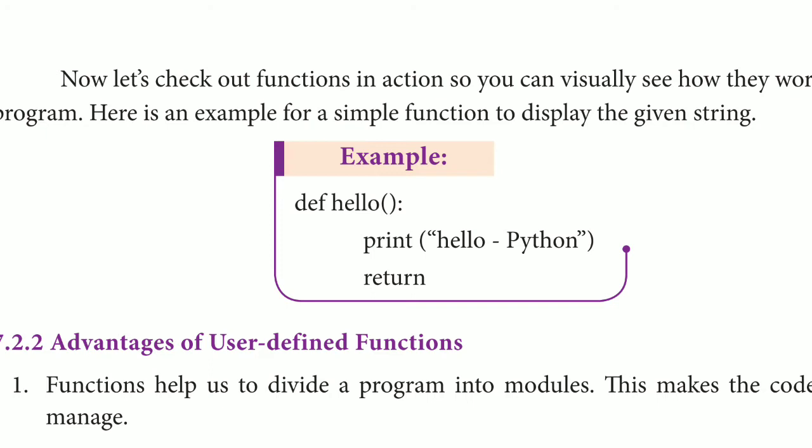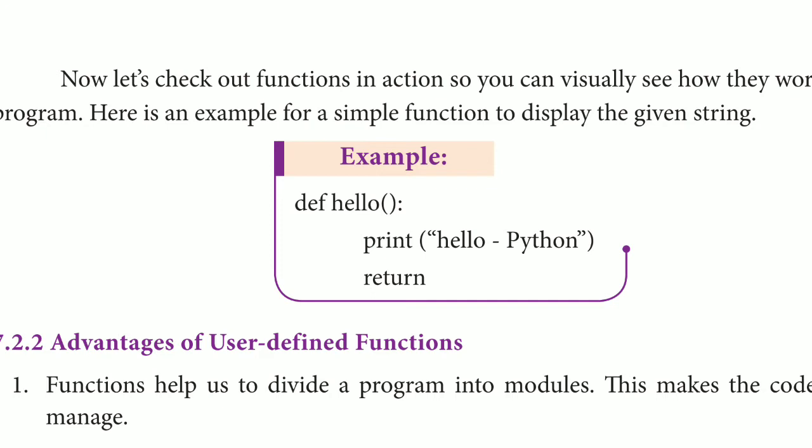Okay, so inside that you can see that indentation is used to create a block. Indentation means there is space between the margin and the start of the instruction. Here you can see that print hello python is somewhat inside the margin.